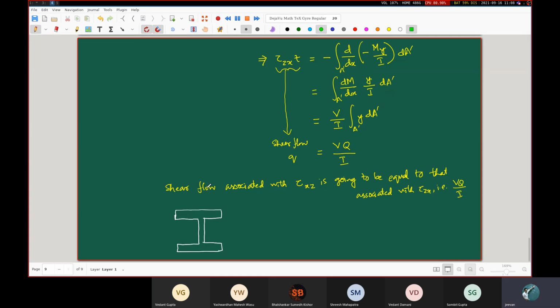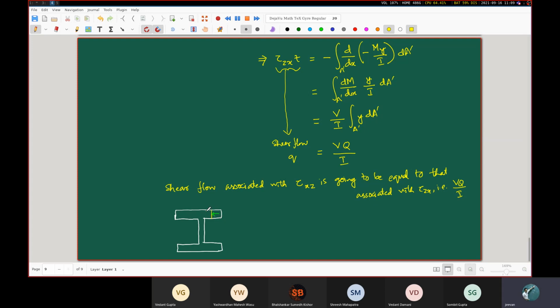We are obtaining a shear stress distribution like this. This is our tau xz, or the Q associated with the tau xz. We are obtaining this because we took a cut section in this fashion.